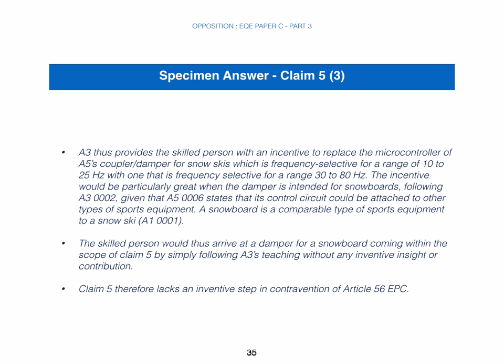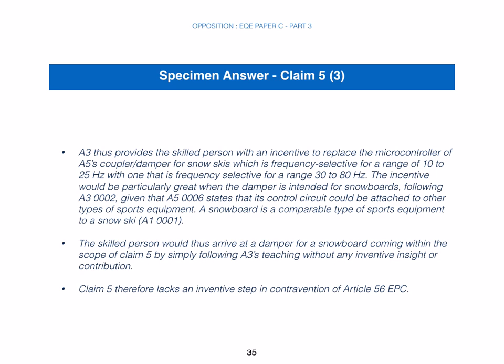A3 thus provides a skilled person with an incentive to replace the microcontroller of A5's coupler damper for snow skis, which is frequency selective for a range of 10 to 25 Hertz, with one that is frequency selective for a range of 30 to 80 Hertz.